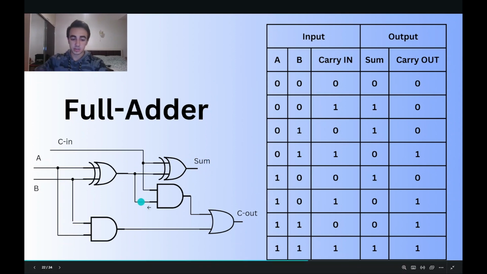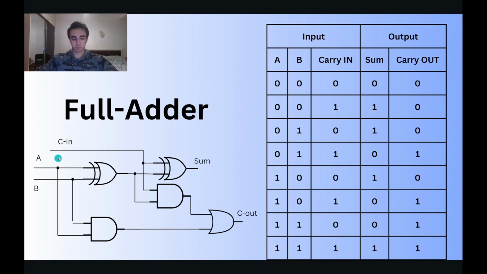And these AND gates output the carry out for both of the addition operations that the XOR gates perform. And we just need to take it if either exists. So if only one would output carry out, we need to take it. So the OR gate is perfect for this.